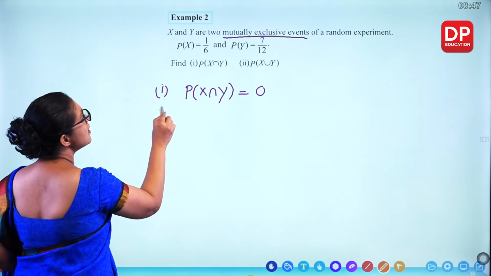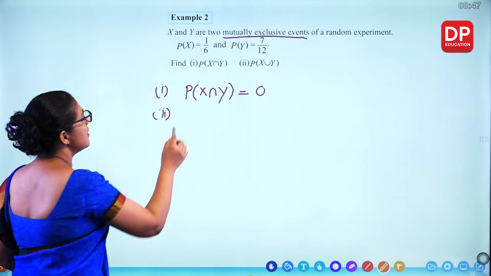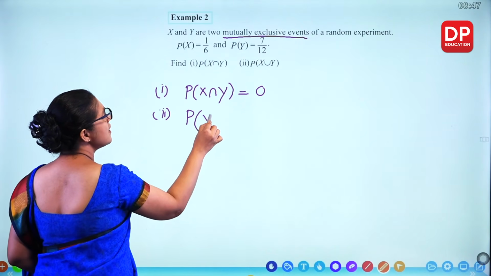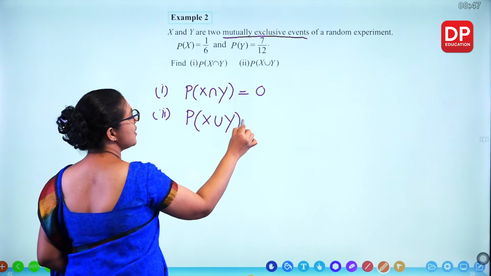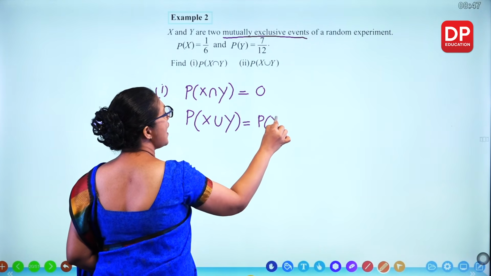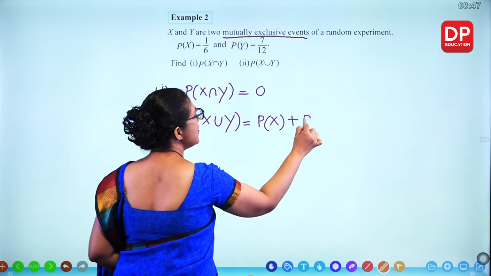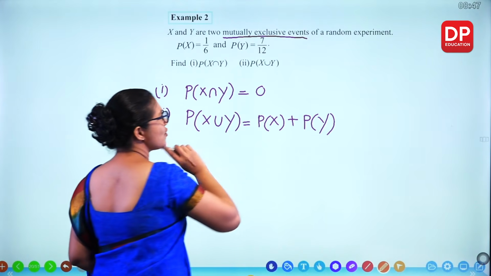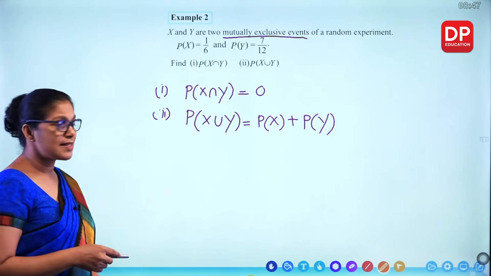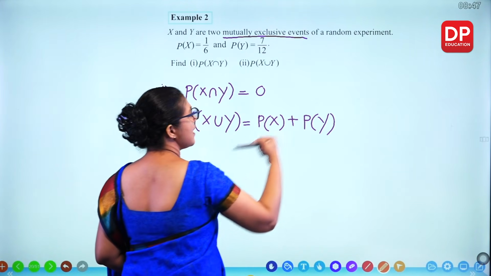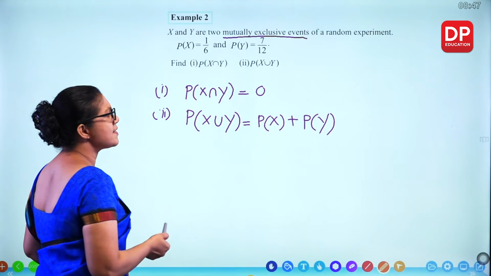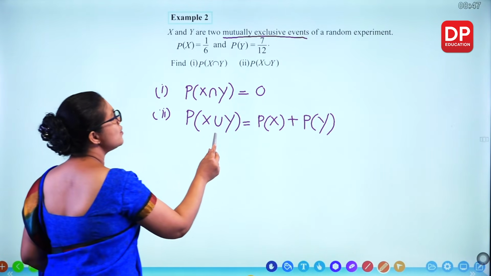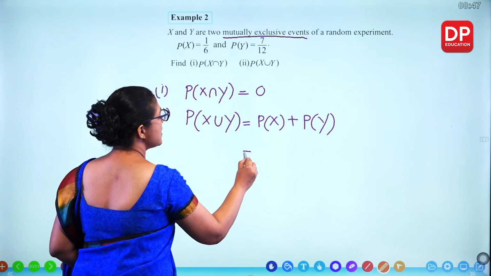Second part, union. What's the formula for union? Union is equal to the probability of X plus the probability of Y. Here the intersection is 0, so you are not writing minus intersection there. If the two events are mutually exclusive, the union is equal to this.